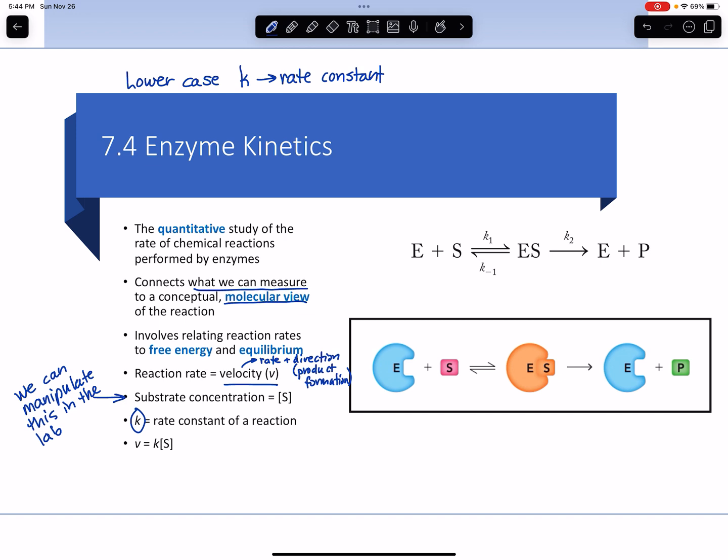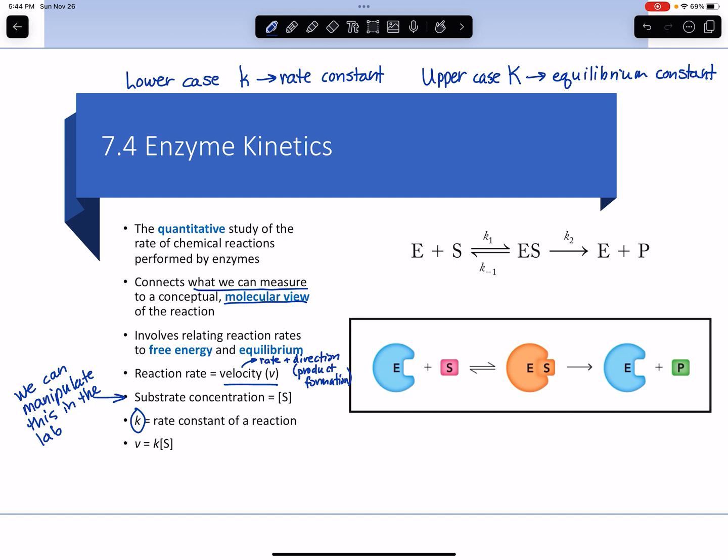And uppercase K's, remember, those are equilibrium constants, usually. So they have fundamentally different meanings, and we're going to see both of those in our Michaelis-Menten model for our kinetics.